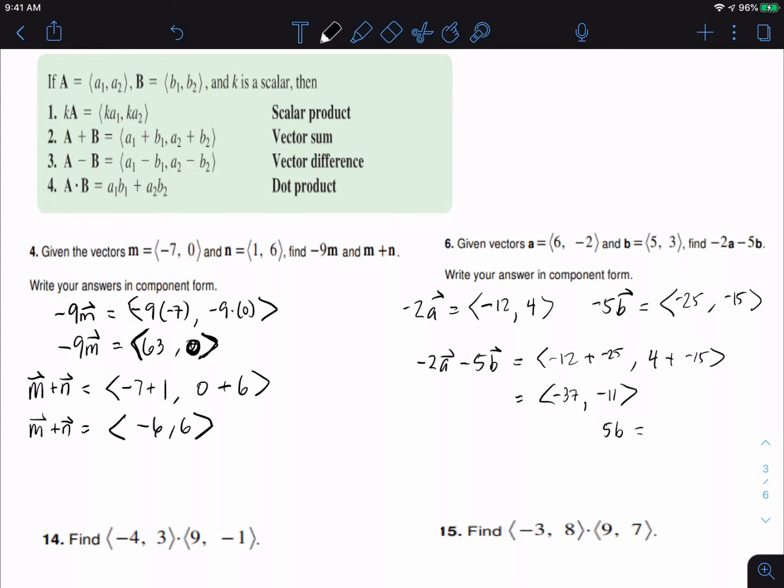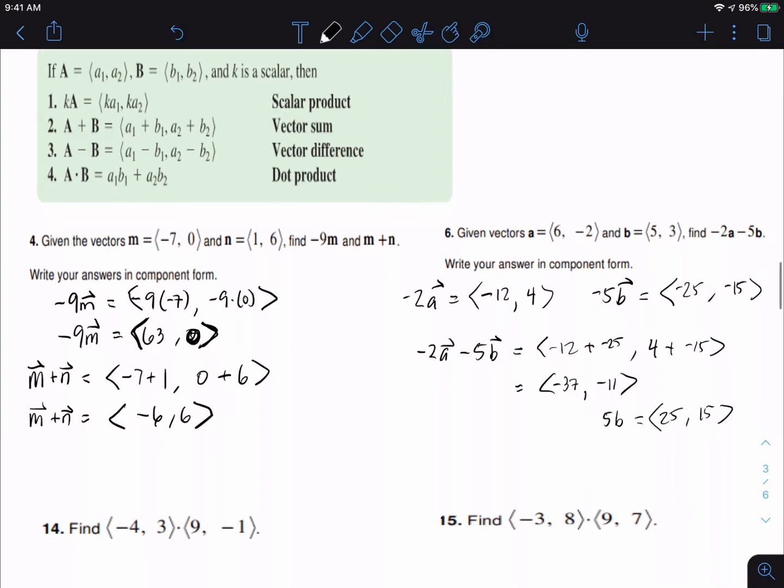Thank you. Sorry I didn't see that. I'm glad I decided to show it the other way. Fallible I am. So this would have been 25 and 15. That's 5b. So then when I go negative 2a minus 5b, this is the way that they probably want you to see it. You would go negative 12 minus 25, comma, 4 minus 15.